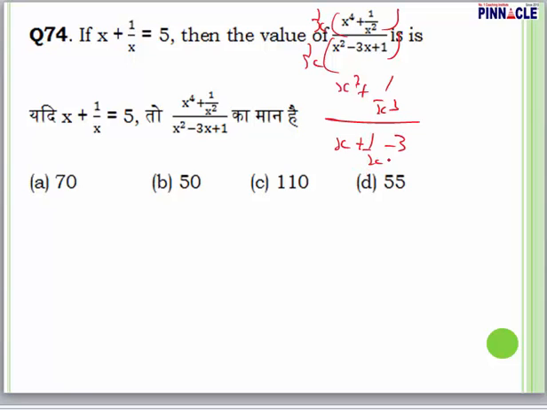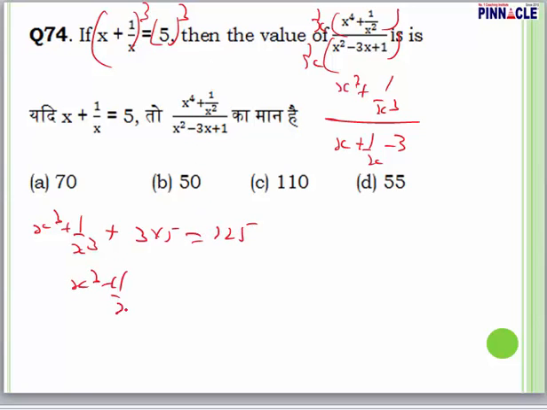You can write this. It means if I cube both sides, then we will have x^3 plus 1 by x^3, then 3 into x into 1 by x, it will cancel, and 1 plus 1 by x, that is 5. Cube of 5 is 125.